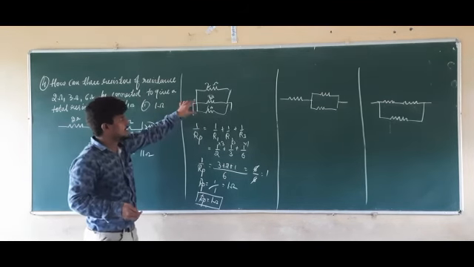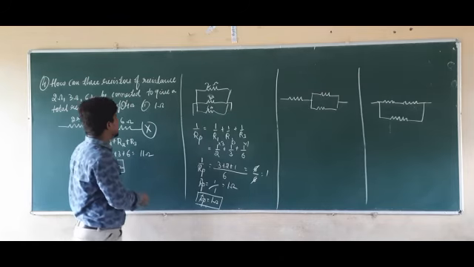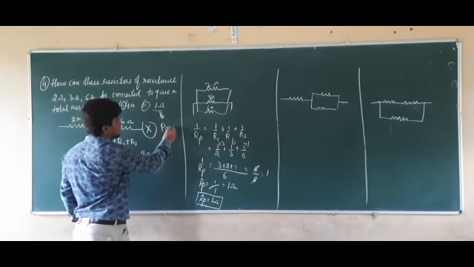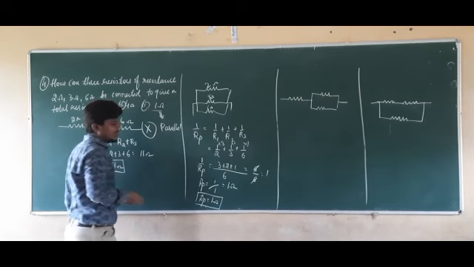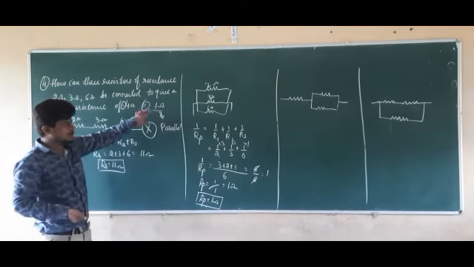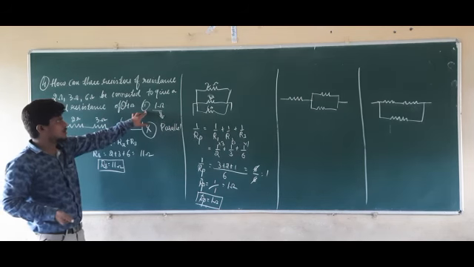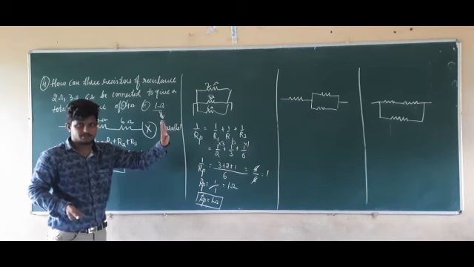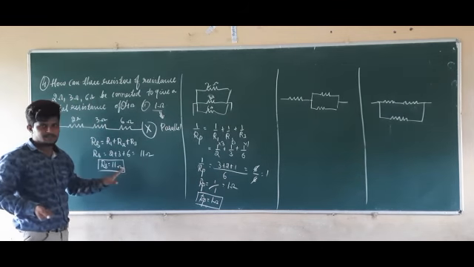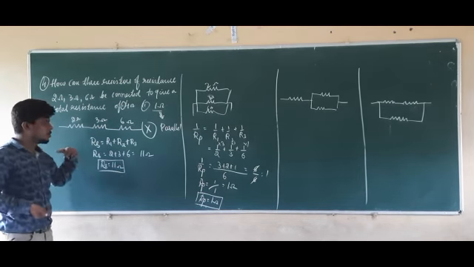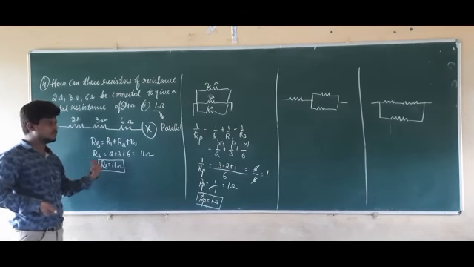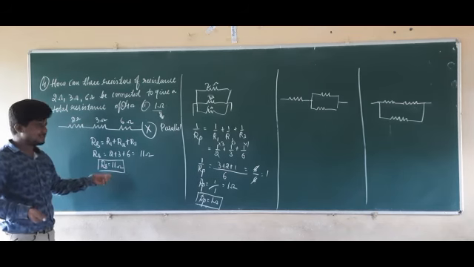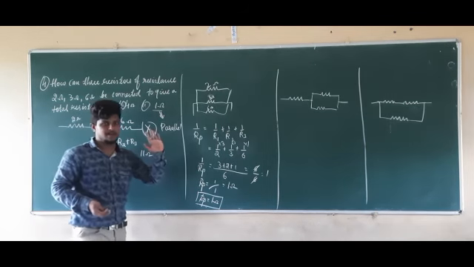While solving the problem, you have to solve like this. If you skip this, it is okay. Since we are going to add all the resistor values, we are going to get the total resistance in series. So it is easy to calculate, but this one you have to calculate.